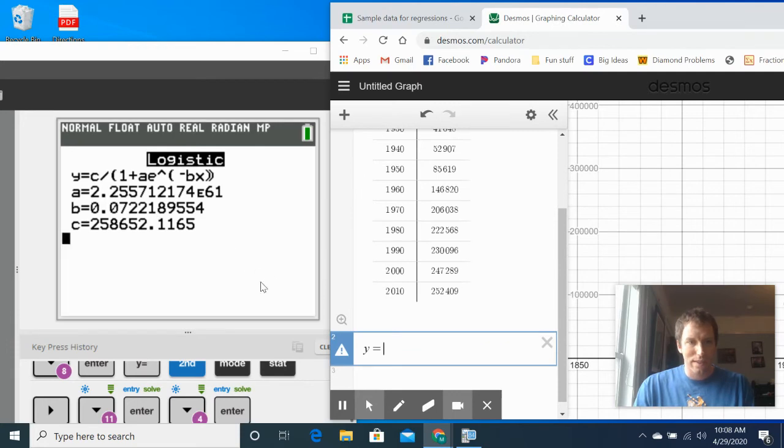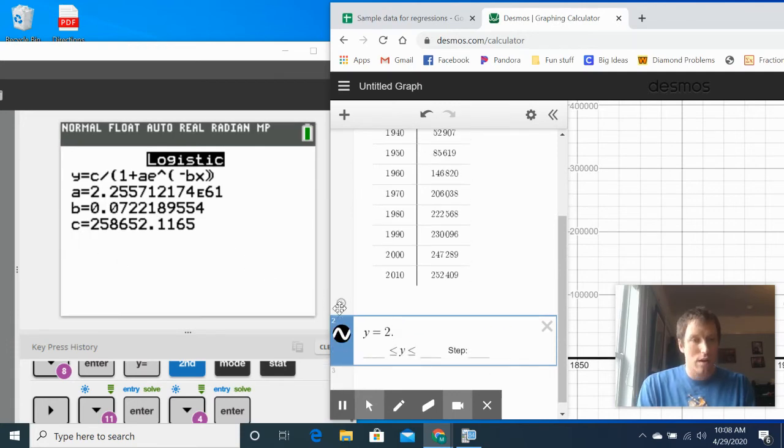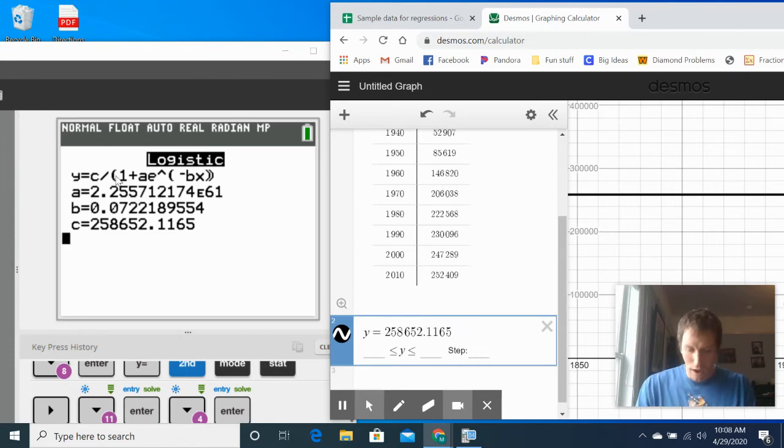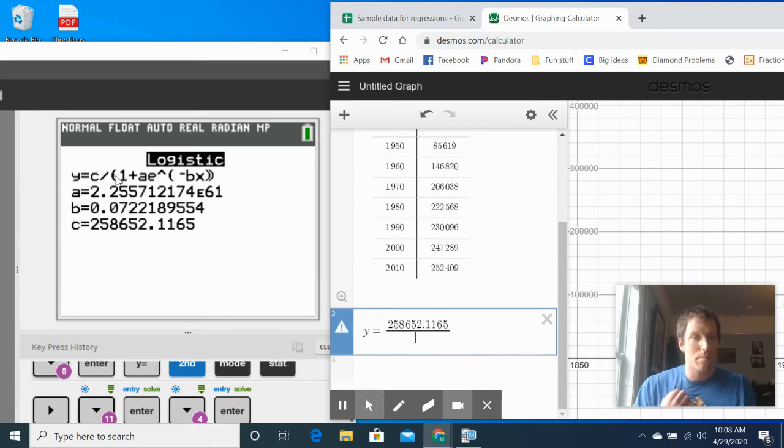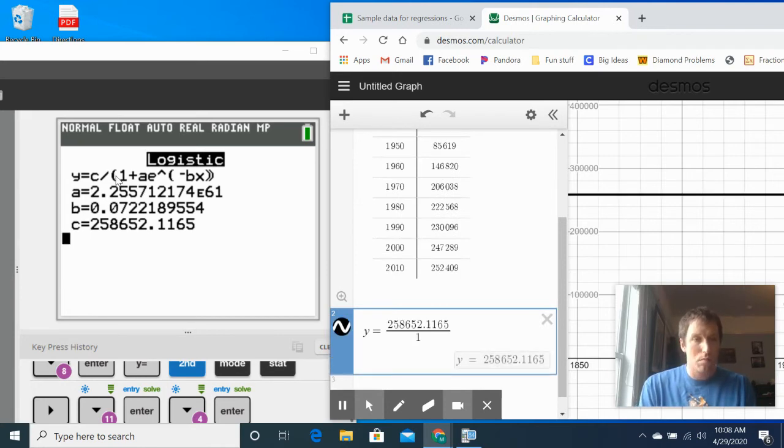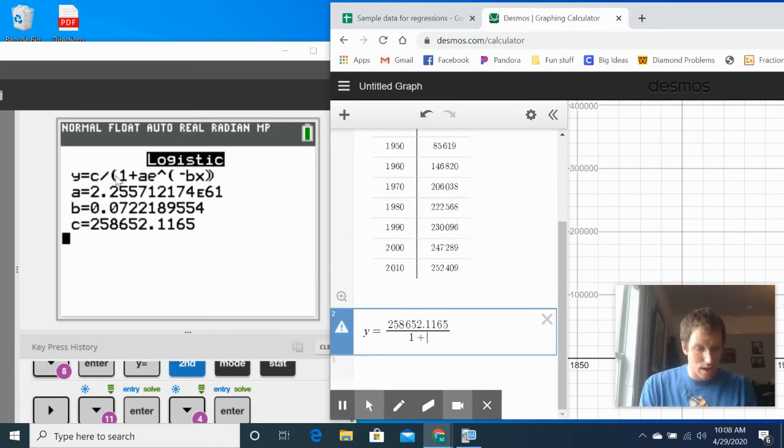Y equals C divided by, and C is 2.58652.1165, divided by 1 plus A, and A is 2. Now it's 2.557. Let's do this.